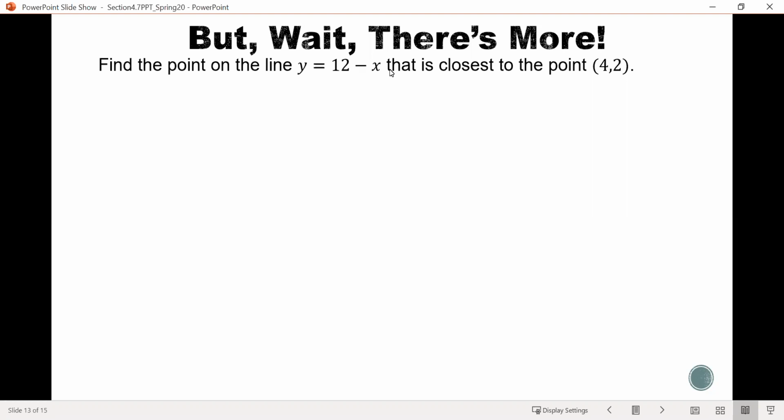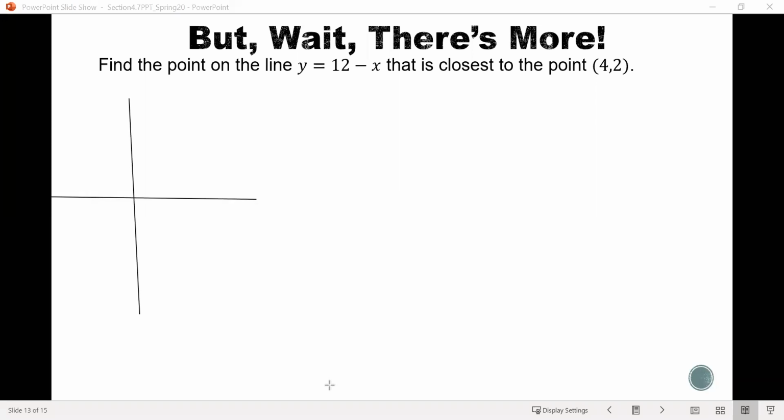Okay, so first things first, just as we've done with a lot of these questions, let's draw a picture. Here we go. So here are my coordinate axes. I'll go ahead and put my arrows on the ends here.